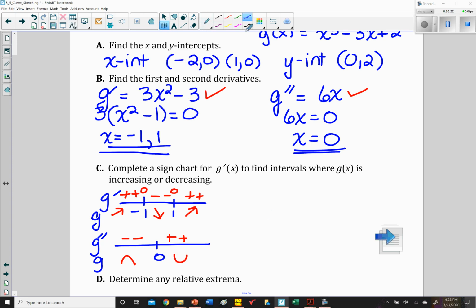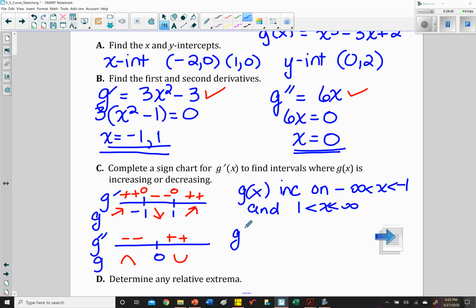Now, you know, on the AP exam, you can't use a sign chart for grading. They have you write a complete sentence. So we would say something along the line that g of x increases on the interval -infinity to -1, and 1 to infinity.